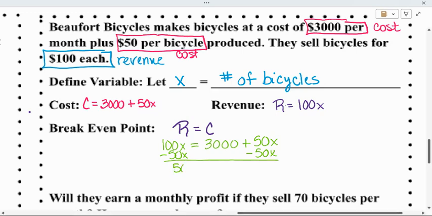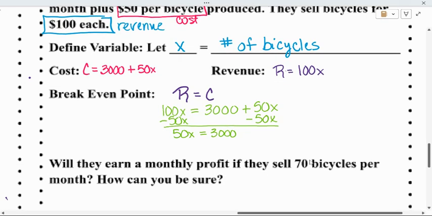So that leaves me with 50x equals 3,000. Michelle, how am I going to get x all by itself? What is the next step? What would you do? Divide. Good job. Divide both sides by 50. So x equals 60.